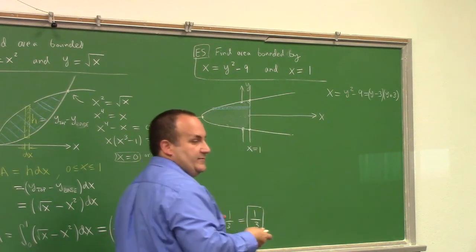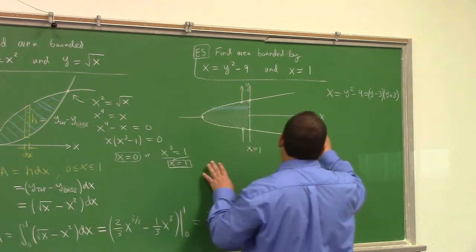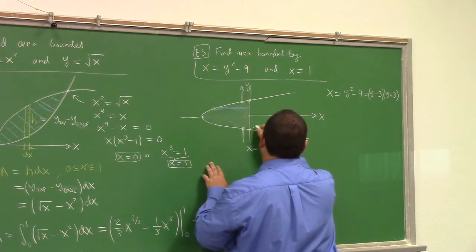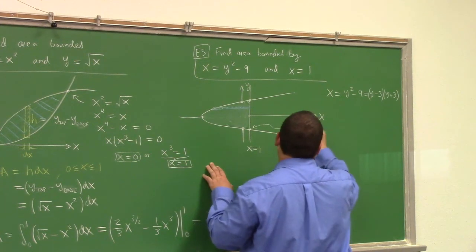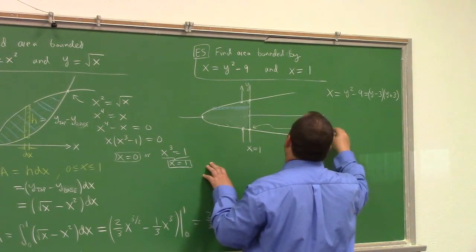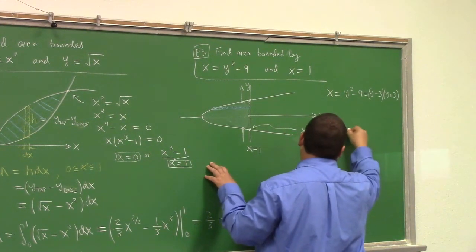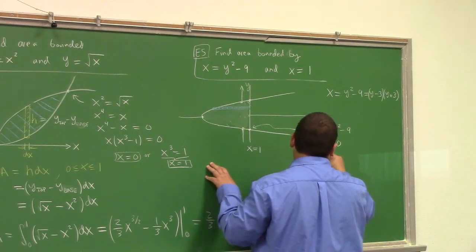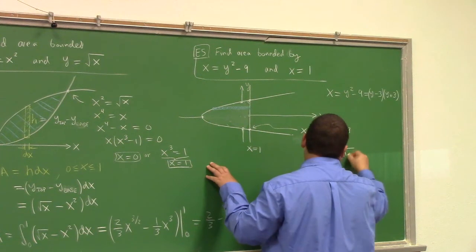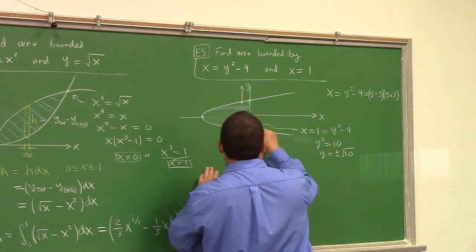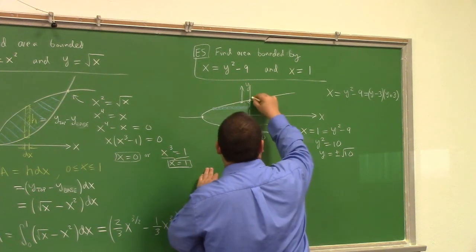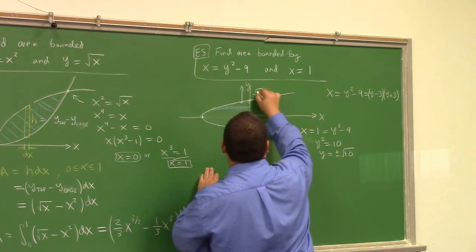That's from when x equals 1, but x is also equal to y squared minus 9, right? So y squared is equal to 10, so y is equal to plus or minus square root of 10. So this one is minus square root of 10, and this one up here is square root of 10.